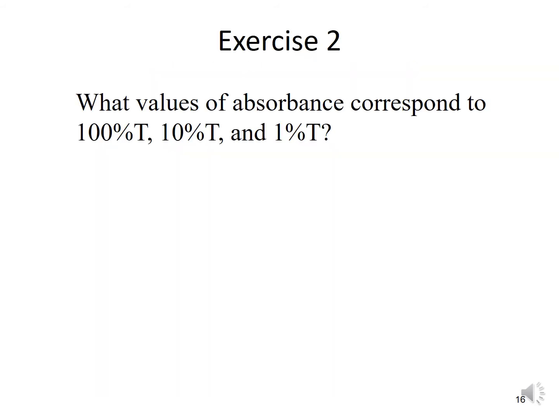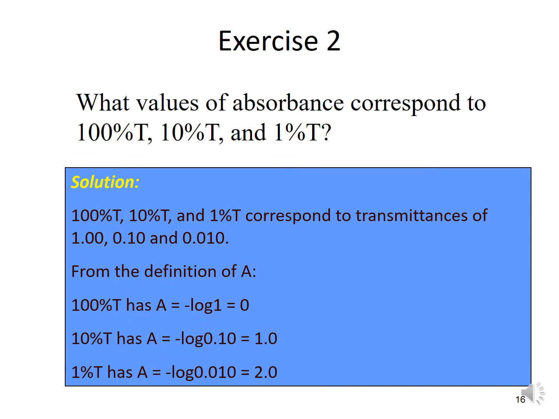Now we go to exercise 2. What values of absorbance correspond to 100%, 10%, and 1% transmittance? You need to use the formula I gave, from the definition of absorbance: absorbance equals negative log of the transmittance. For 100% transmittance, the absorbance is 0, meaning no absorbance occurs at all.